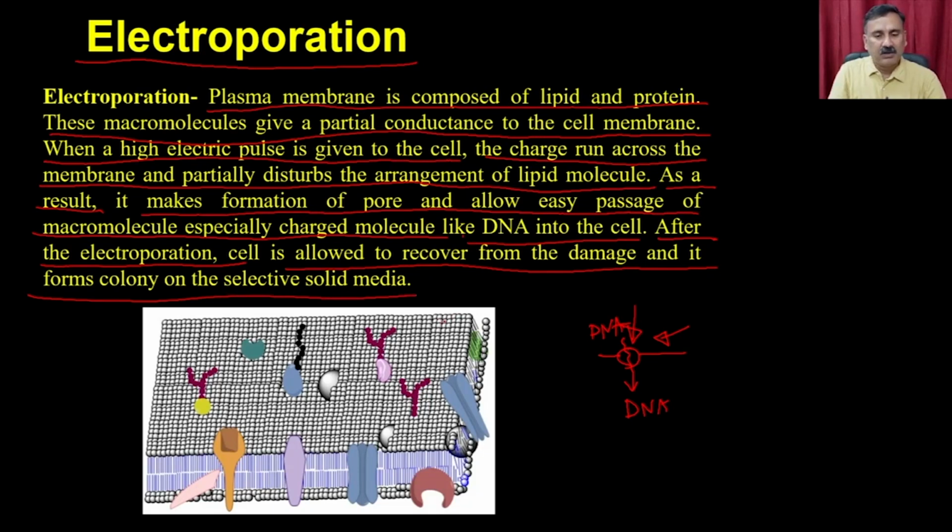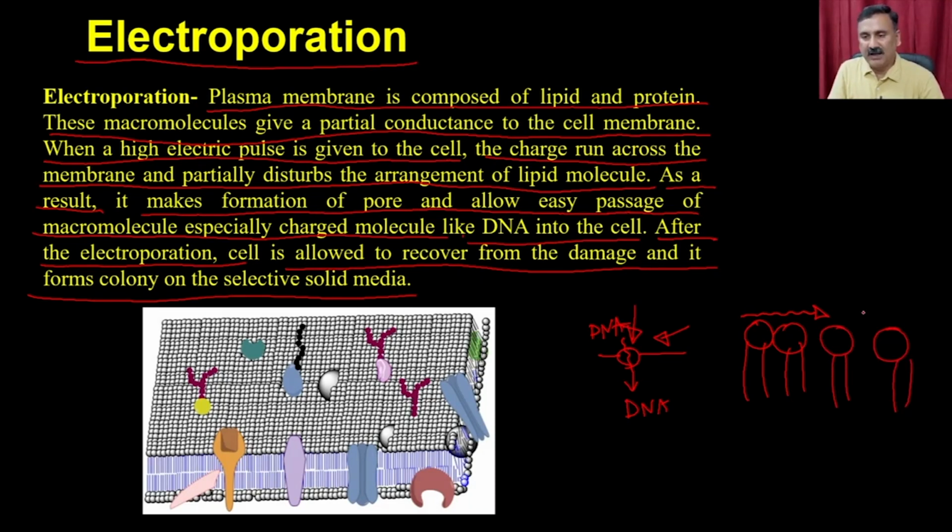You can see that this is a plasma membrane. The plasma membrane is made up of lipids, right? The lipids are arranged like this, and they are partially charged. So when a very high pulse goes on top of this, these lipid molecules get rearranged, and because of that, it allows the passage of the DNA into the cell.